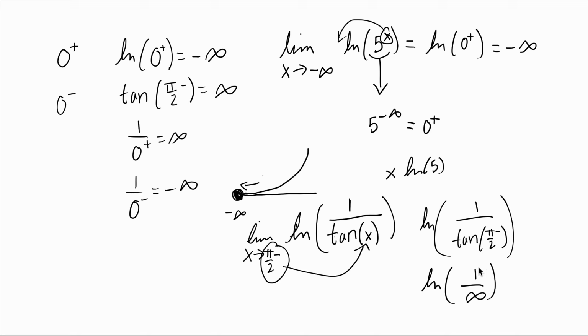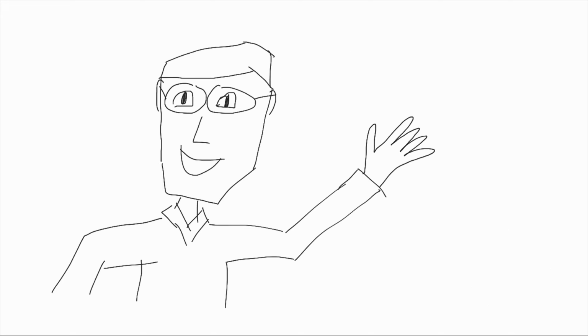Now 1 over infinity, that's actually the same thing as 0 plus, and ln of 0 plus we know is negative infinity. So what we've just done is we've reduced taking certain one-sided limits to just the idea of plugging in, if we well-define plugging in type actions like we did in the previous video. So a little description of that, and thanks for watching.